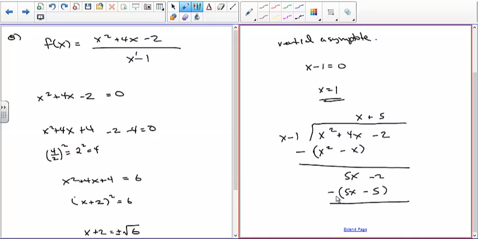So when I do the subtraction here, I get 0. Here I've got negative 2 plus 5, which is 3. And we really don't care what the remainder is. We just care what we got up here. And so the slant asymptote is an equation. y equals x plus 5. So that's the slant asymptote.